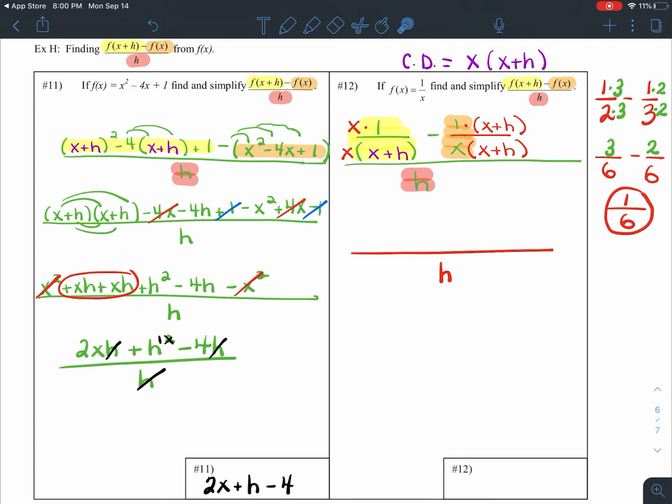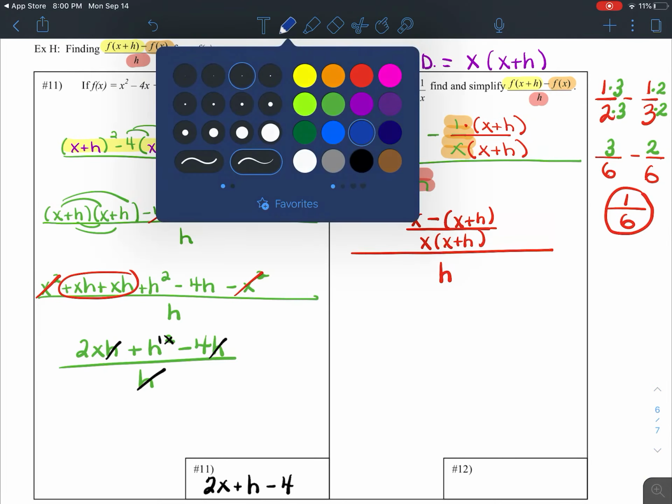Okay, so now I'm going to rewrite this. This is my big fraction bar that is right here. This h is the h I put down here. Now that these both have the same denominator, I should be able to write it as 1 fraction in the numerator over my common denominator of x times x plus h. Just like here, when we had the same two denominators, we went across the top and did 3 minus 2.